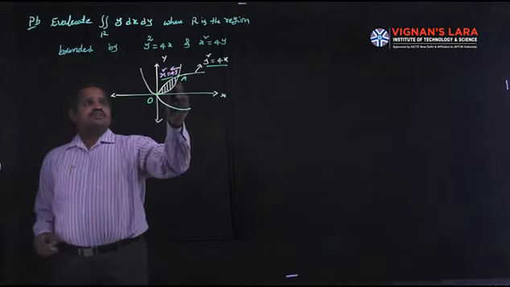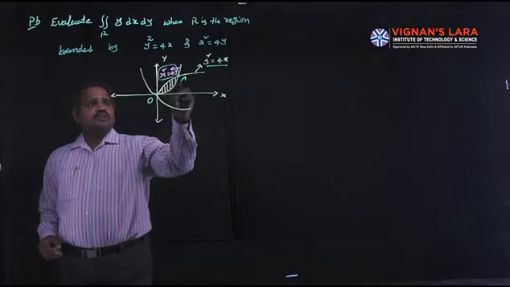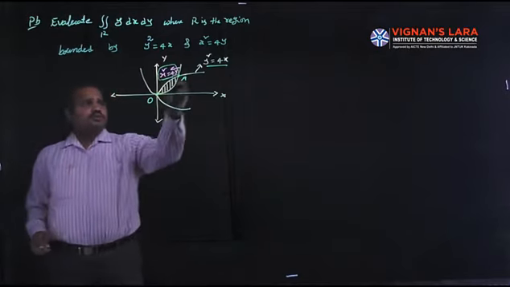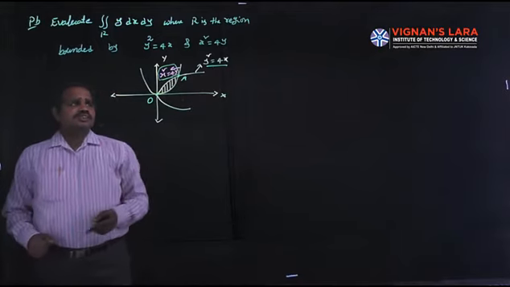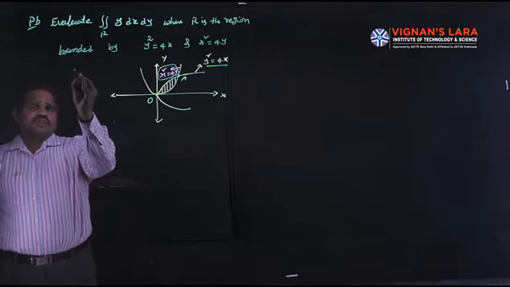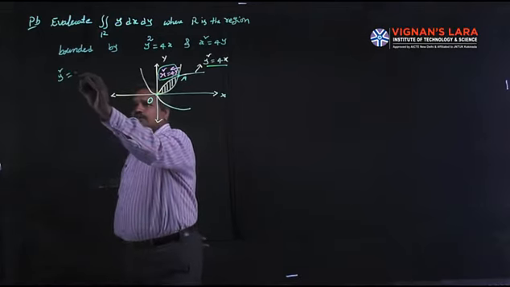So here, what is the value of y? From the curve x square is equal to 4y, what is the value of y? X square by 4. Substitute y as x square by 4 in y square is equal to 4x.